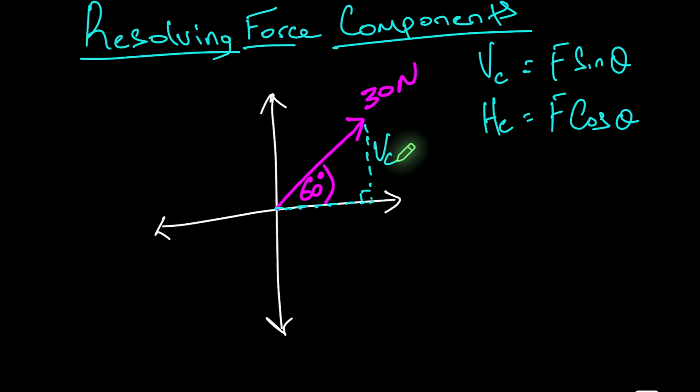What you would tend to do is treat the force as one of the sides of a triangle. So that 30 newtons would represent the hypotenuse. And I hope you can see this as a right angle triangle, because that's what it is. The right angle is right there in the corner where our vertical and horizontal meet, and so the hypotenuse is that 30 newtons.